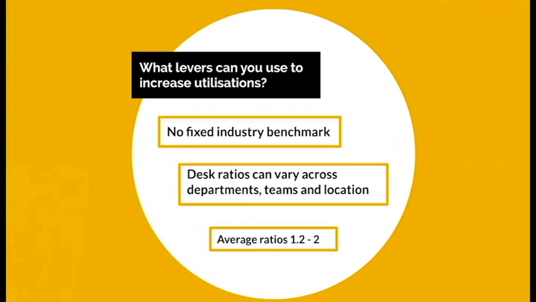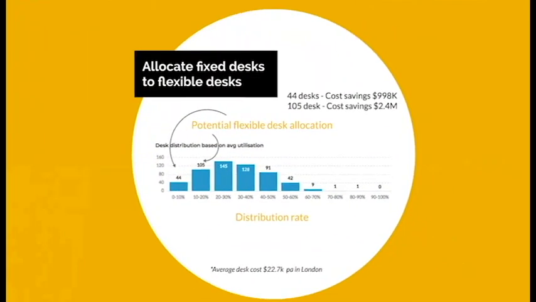So now that I've talked about desk ratios, I want to show you multiple different ways, simple things you can do to start adjusting the person to desk ratio and increase utilization. The simplest way is to have the data and break it down by utilization bracket.